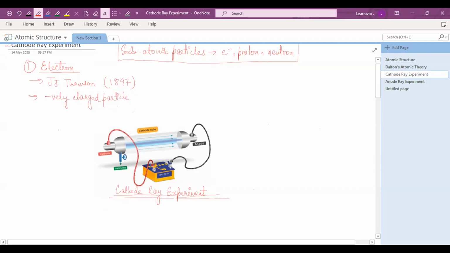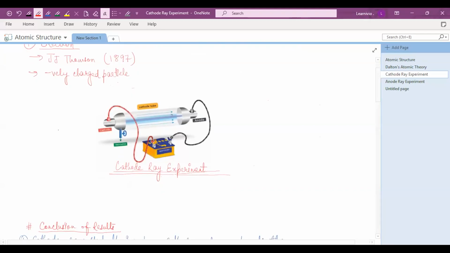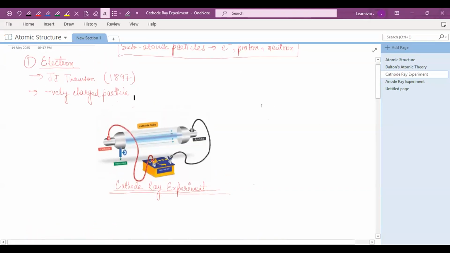Now see what that experiment is. Let's see the setup first, what he did in this experiment. This is a cathode ray experiment in which he took this glass tube. This tube is known as a cathode ray tube.